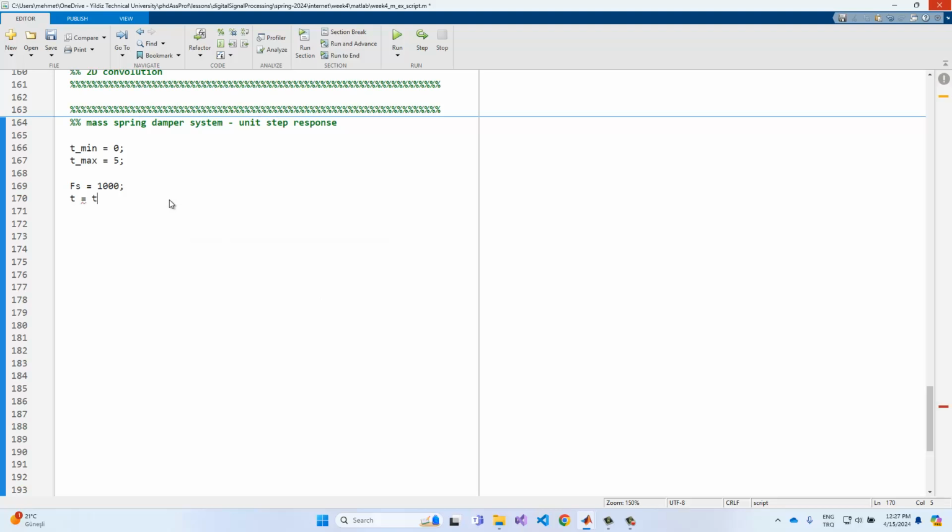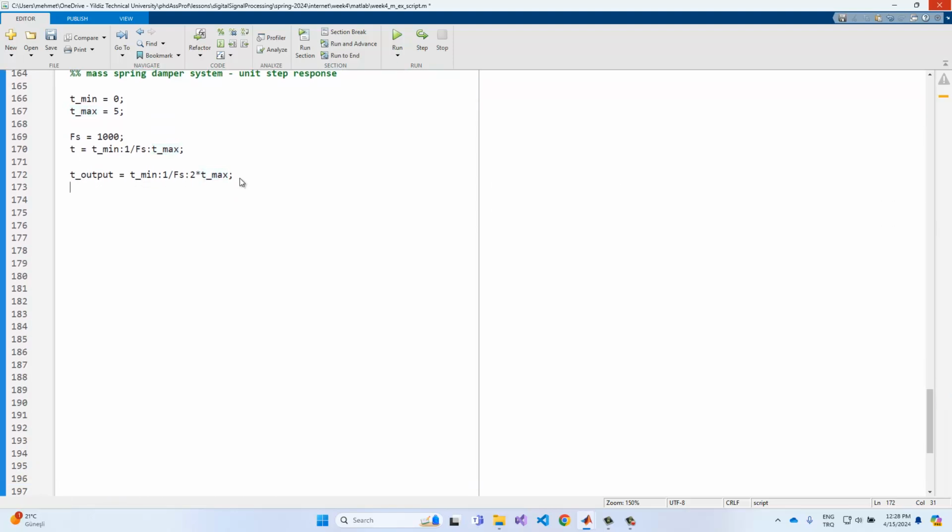And so the T min, 1 divided by Fs, and T max should be given in here. Also, we need to give the T output value here, just like this one. T output in terms of what, 2 times T max. Okay. So, what is the impulse response of our mass spring damper system, just like this one?